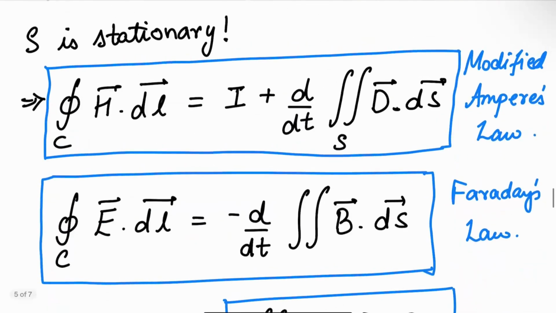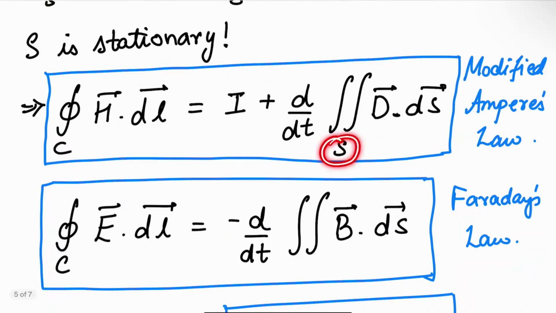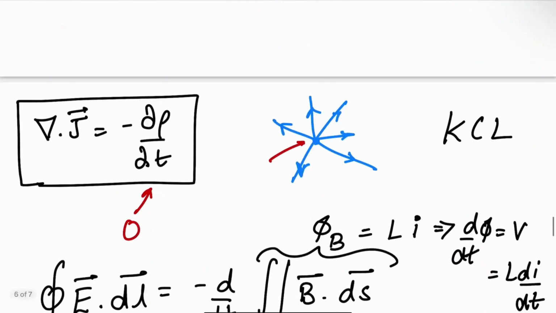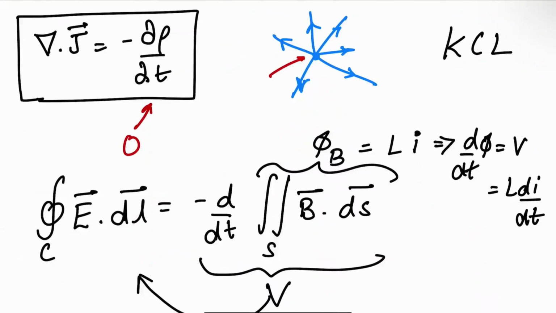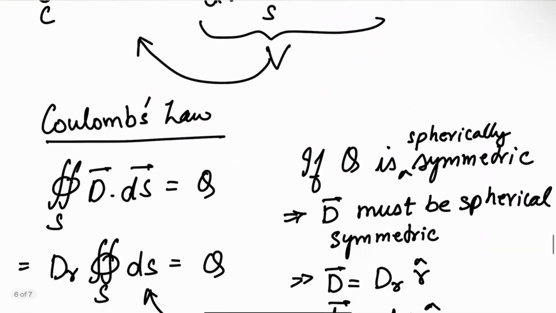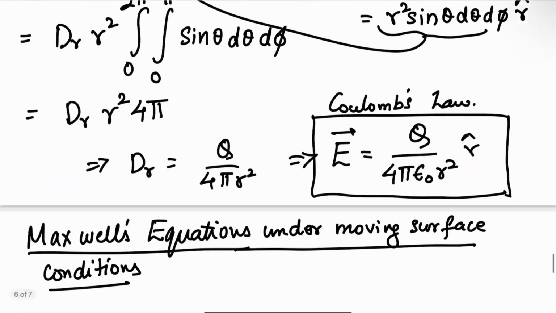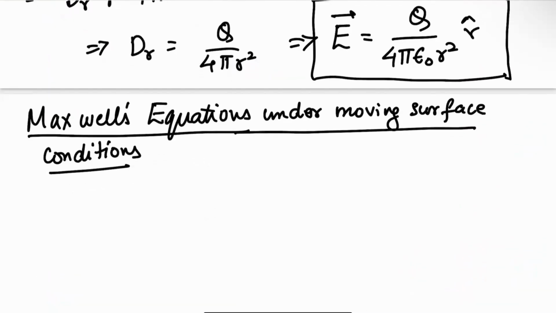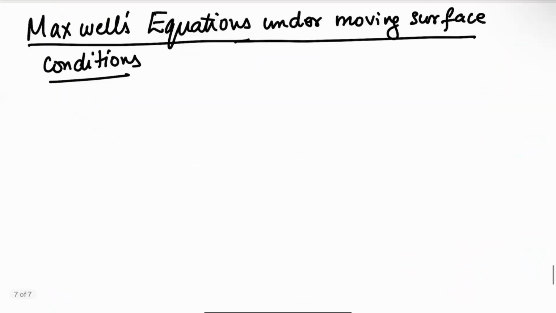But what happens when S is not stationary? That can happen, and we'll see examples of it. For example, if you have a coil that's physically moving with some velocity in a magnetic field, that generates some EMF in the coil. That is exactly how a generator works. To treat those cases you need to derive Maxwell's equations more carefully. So let's do that next.